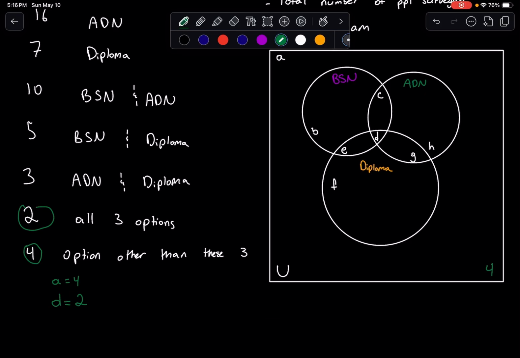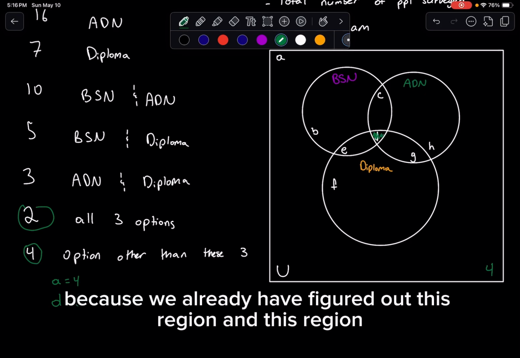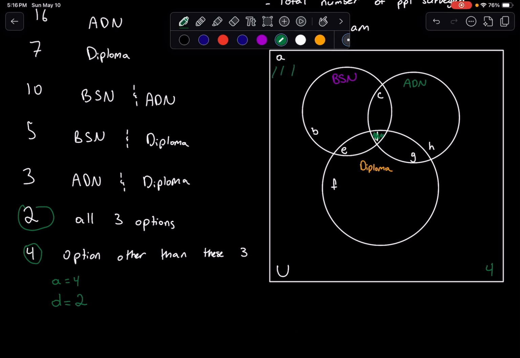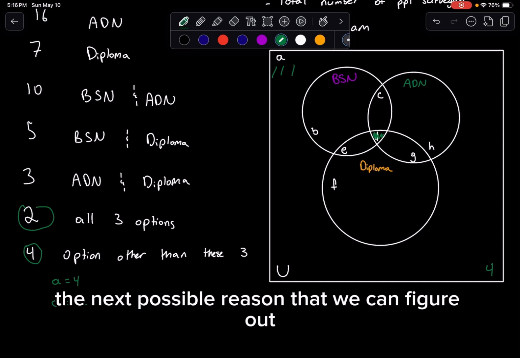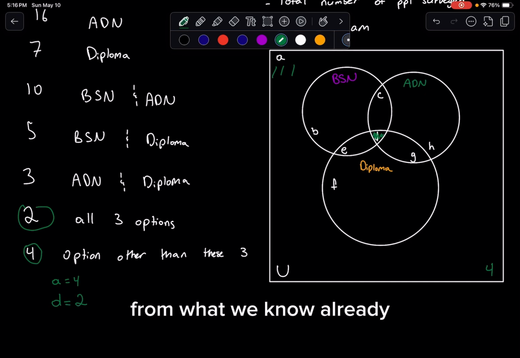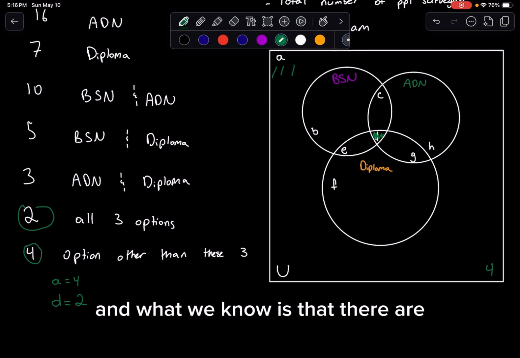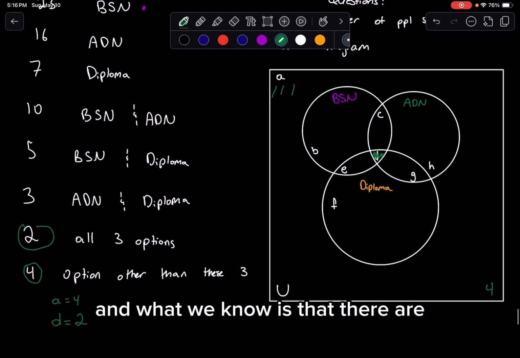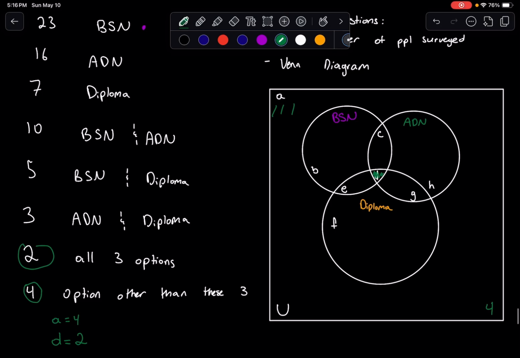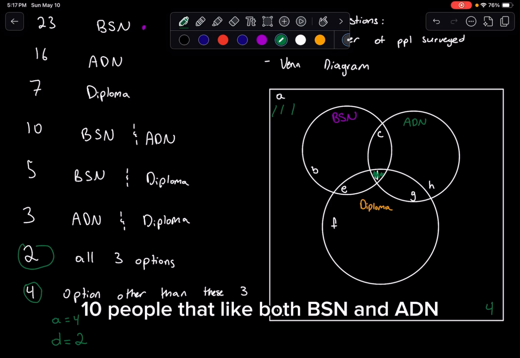Next, because we already have figured out this region and this region, we must now look at the next possible region that we can figure out from what we know already. And what we know is that there are 10 people that like both BSN and ADN.